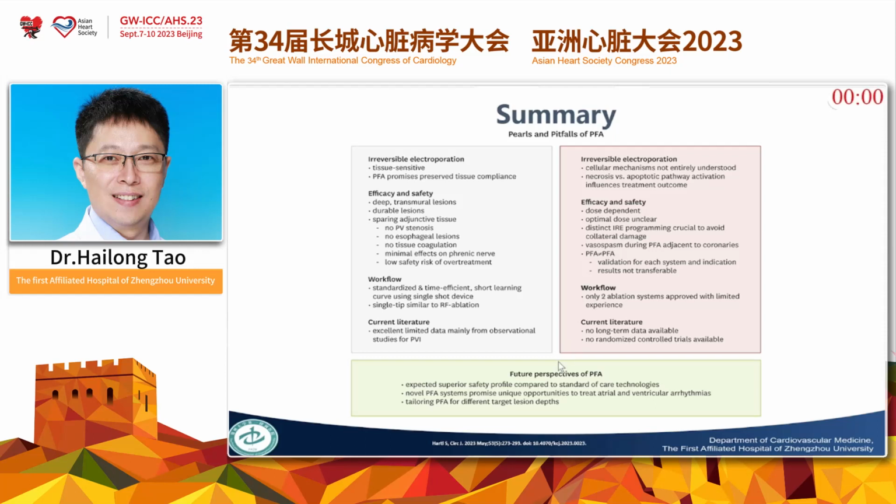For future study, PFA is expected to have a superior safety profile compared to standard of care technologies. A novel PFA system provides a unique opportunity to treat atrial and ventricular arrhythmia. And tailoring PFA for different target lesion depths is suggested. Thank you for your attention.